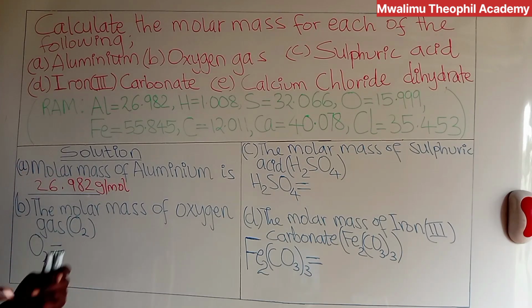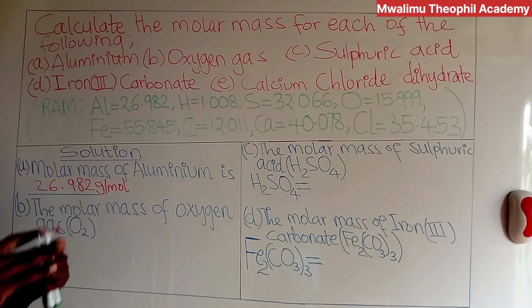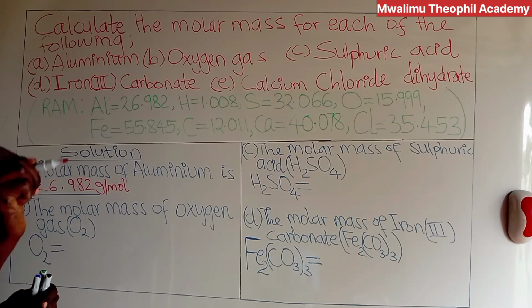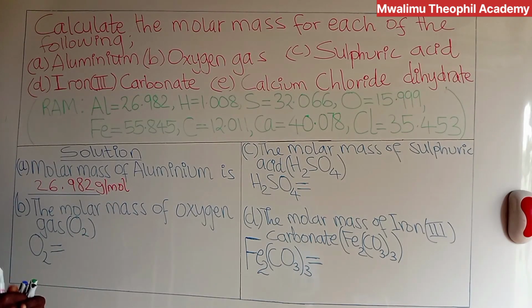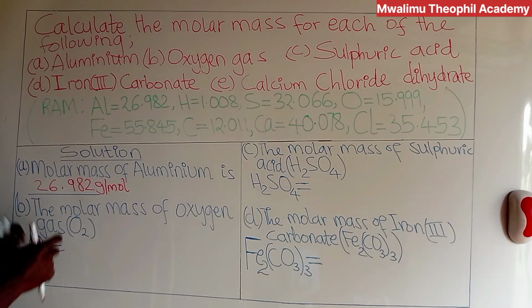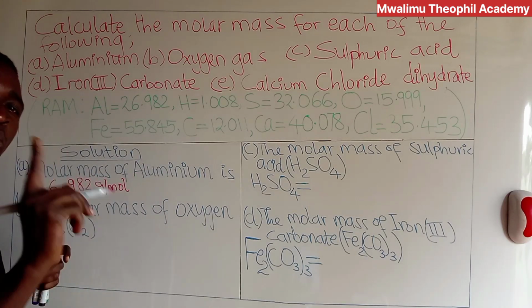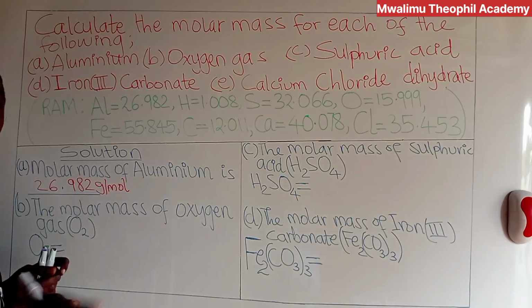To get the molar mass for any compound or any molecule, you have to take the sum of relative atomic masses for all atoms present in that molecule. Now, for oxygen, we have 2 oxygen atoms. Here, we take the mass of 1 oxygen atom times 2 because there are 2 atoms of oxygen.